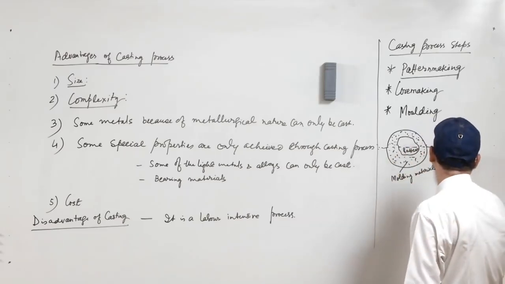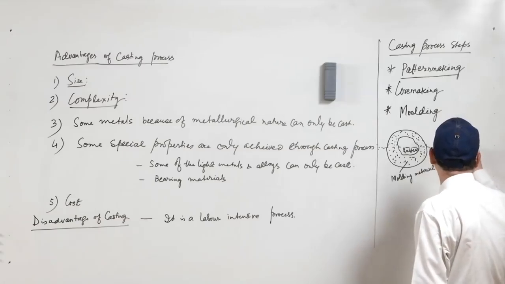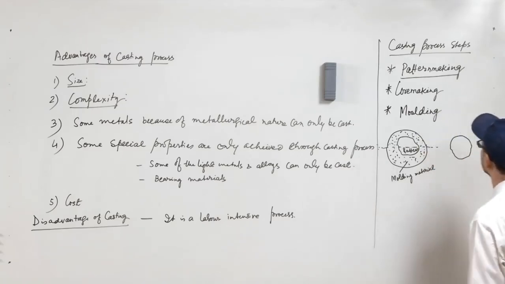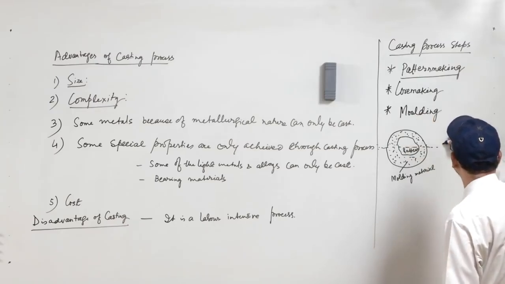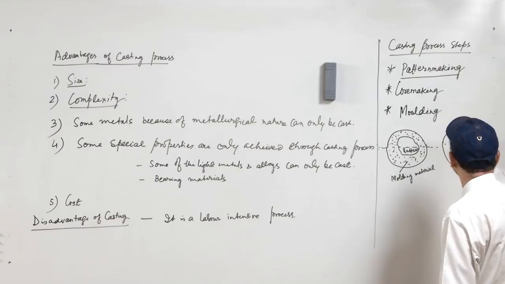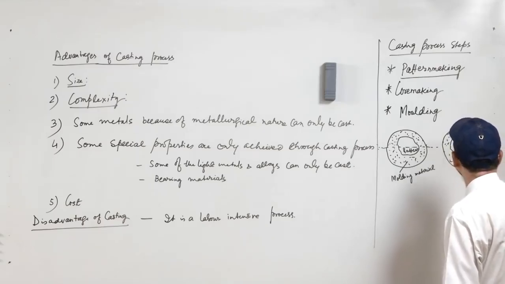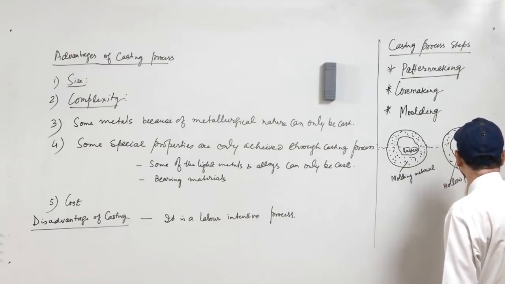So, once we remove it, this is a hollow part and you have outside, this is the mold. This hollow part is known as cavity.